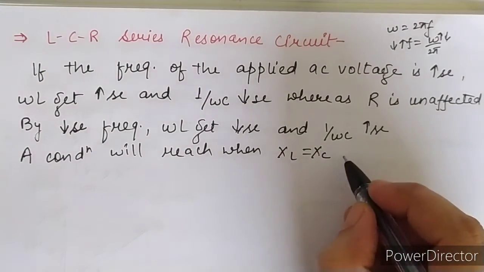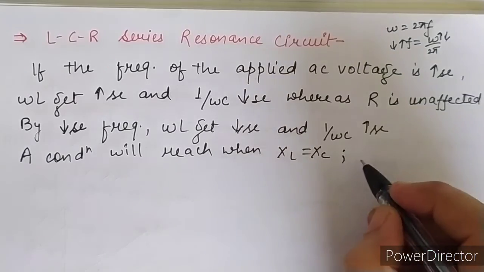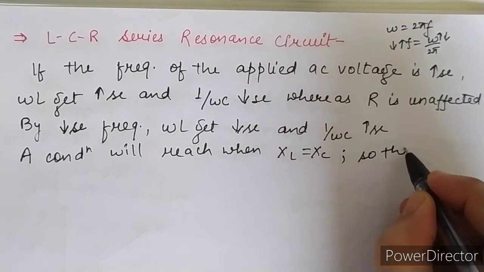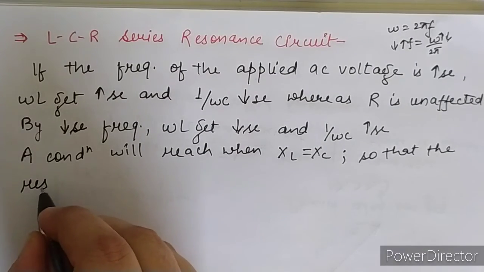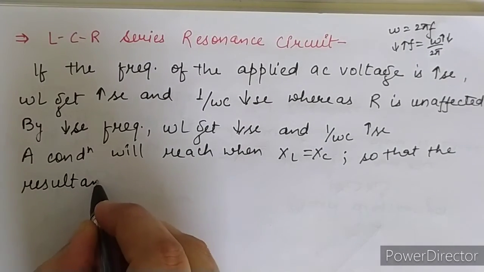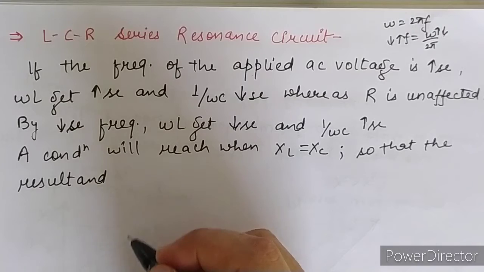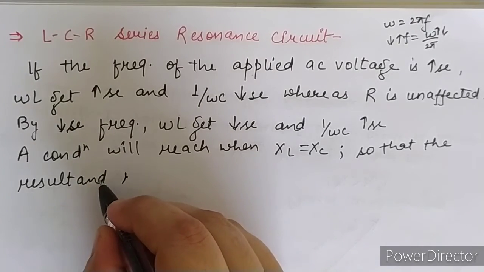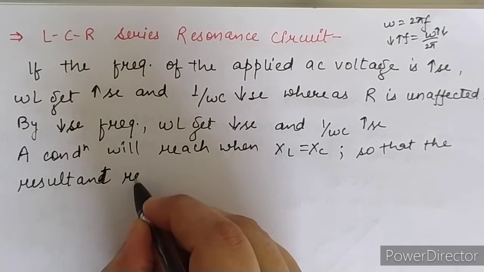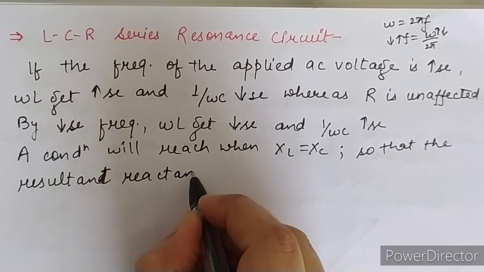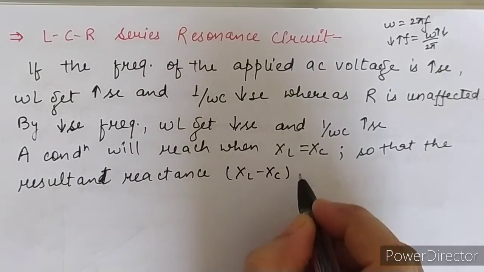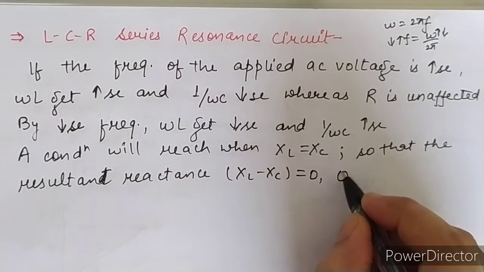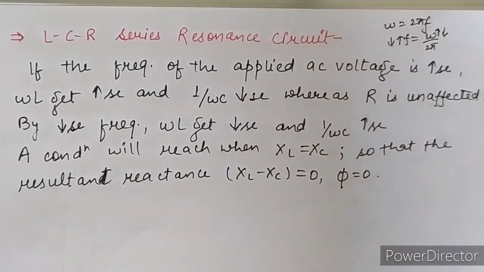Suppose we reach this condition, so that the resultant reactance, XL minus XC, will become 0 and the phase is also 0.